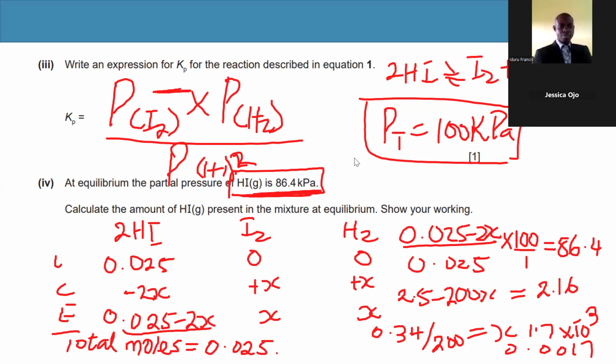I got 0.0216. What do you get? 0.0216. Okay, so the mole of HI is 0.0216. It's okay like that.